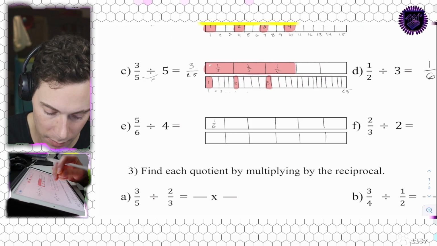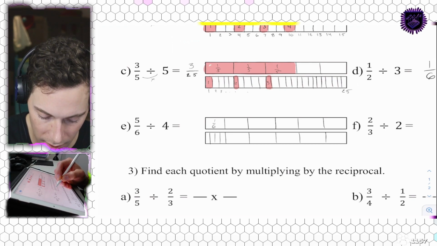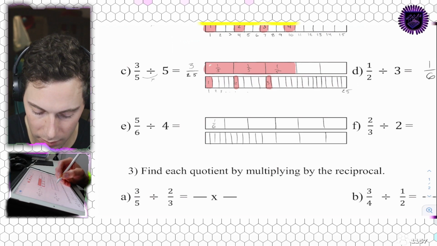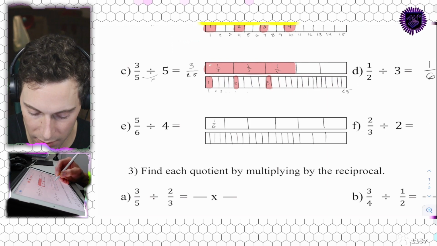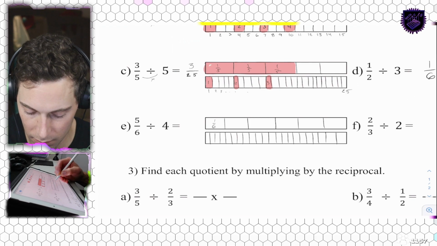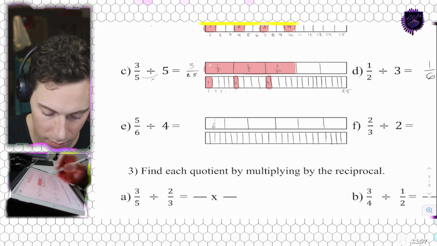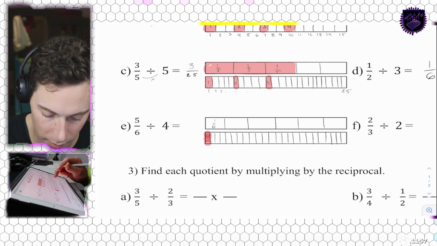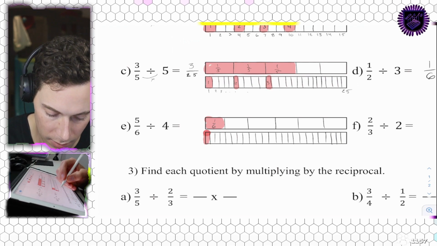And then we need to further break up each 6th into a quarter, meaning each 6th into 4 pieces. And then we only have one of them.